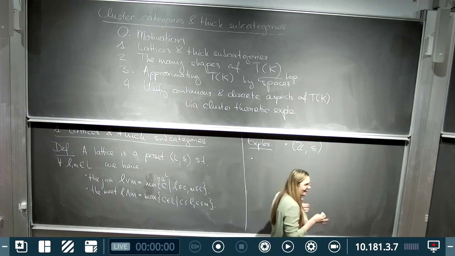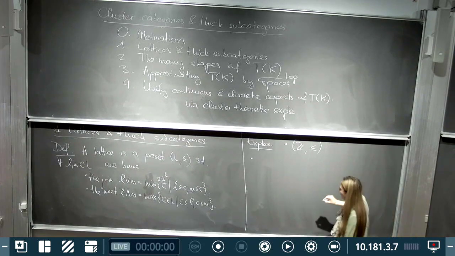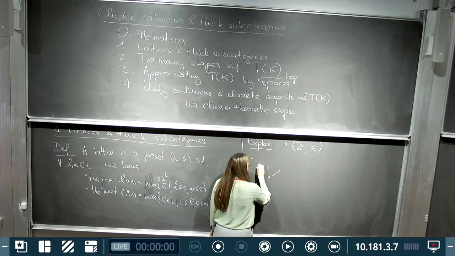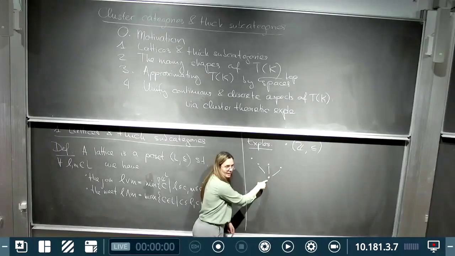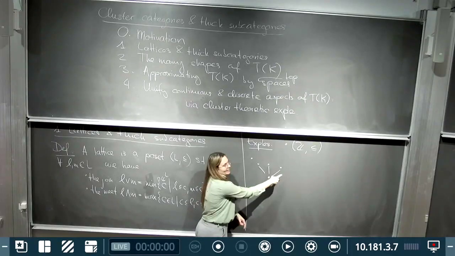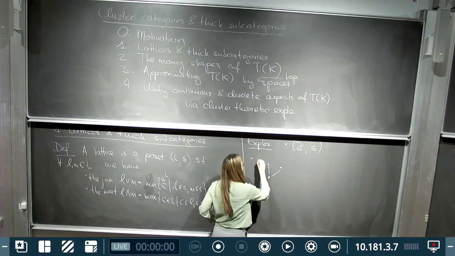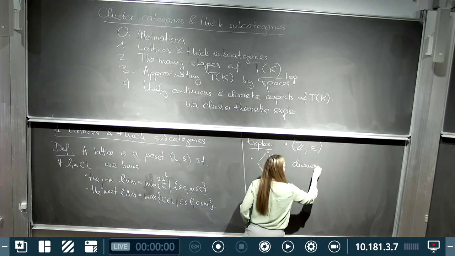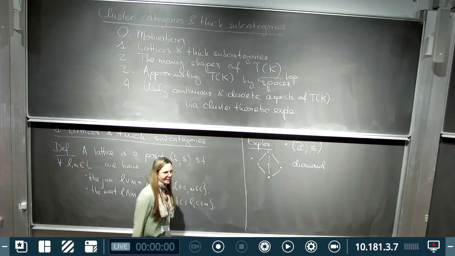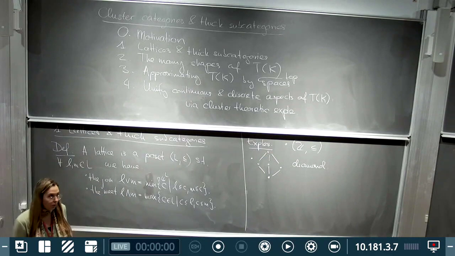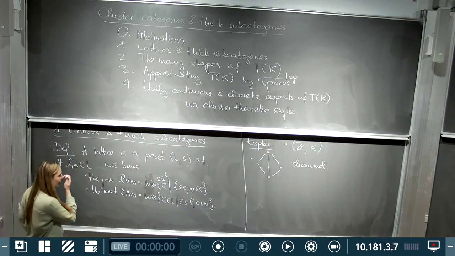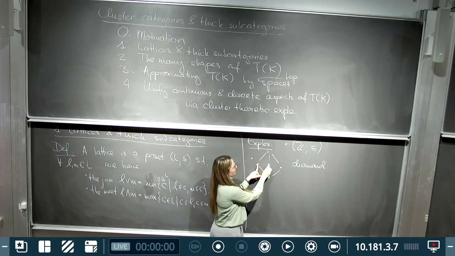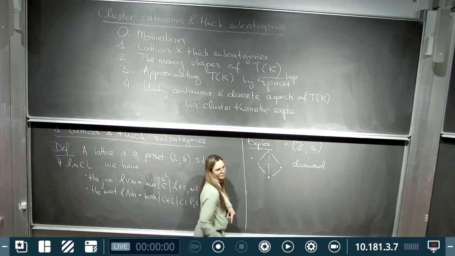The technical term is we write an upwards directed edge if and only if the element up there covers the element down there, that is, it's bigger than it, and there's nothing in between them. So this one is called the diamond. That is a lattice that plays a role, as we will later see. If we have two elements in the middle, the join is the top and the meet is the bottom.